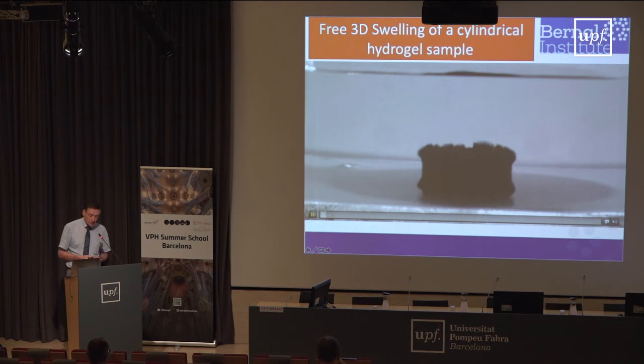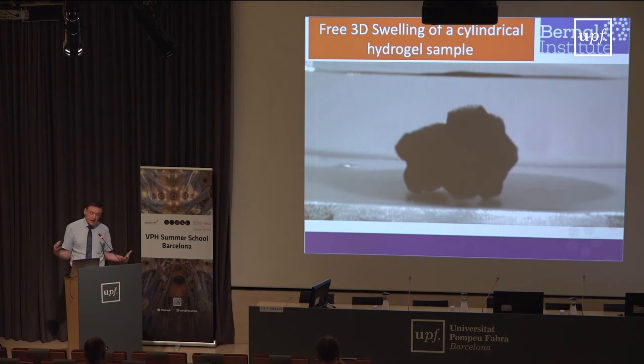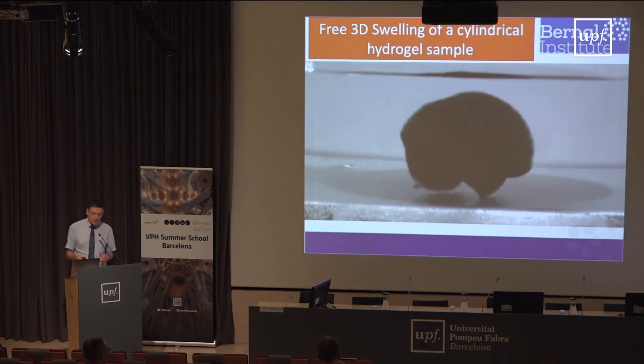It starts swelling, but it develops surface instability, which you can see very clearly because it starts as a cylinder. What happens is that the outside swells first and the inside doesn't, because the water cannot reach inside. The kernel and the outer surface need to remain in contact with one another, and the way it does that is by going into surface instability and later into a kind of saddle shape.